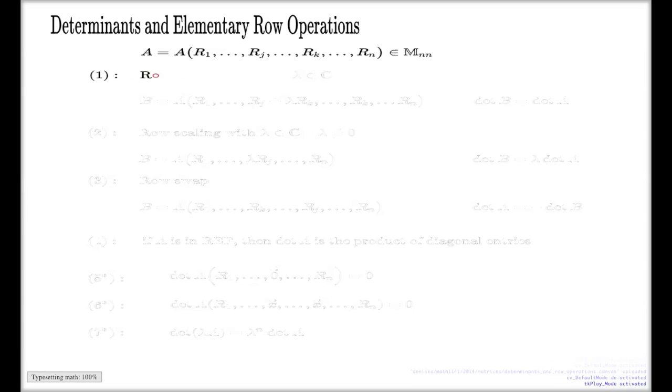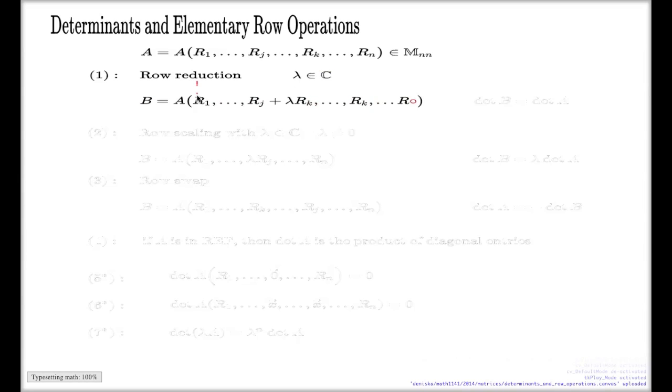First one is something which we call row reduction. That's the main working operation we use most of the time when we do Gaussian elimination. So if I want to encode row reduction in this notation, it's something like this. If I take A with rows like this, and I have a scalar, say lambda, a complex number in principle, my B, which is the result of the row reduction, is a matrix like so.